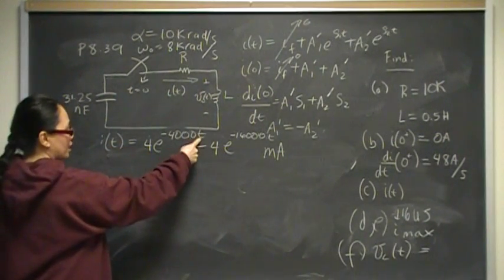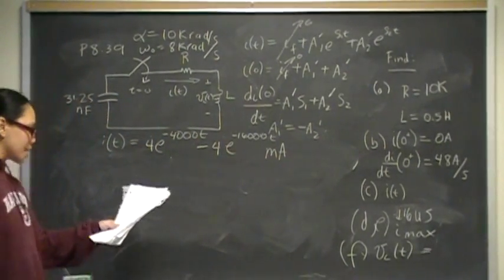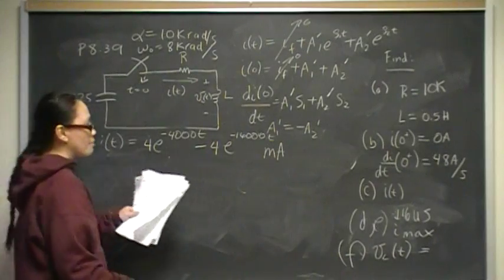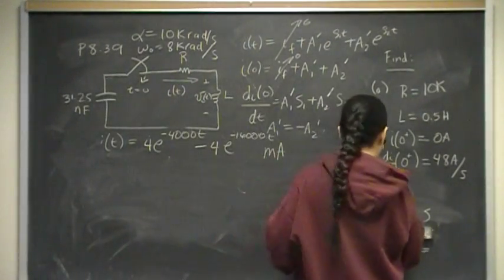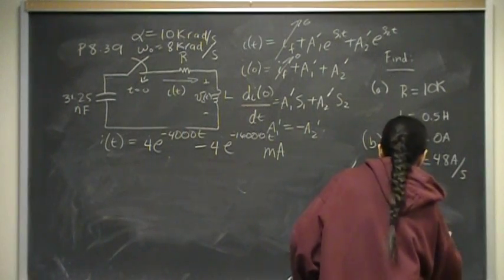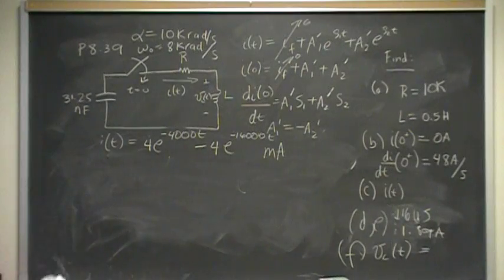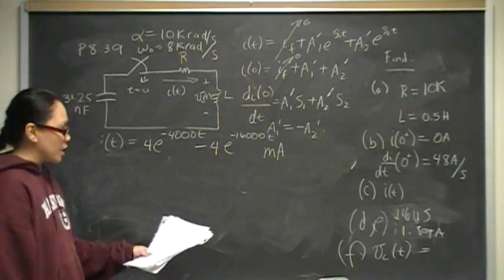So here, put in 116 microseconds at this t. When you do that, the maximum current will come out to be 1.89 amps. So that's the maximum the current will be. That is part D and part E.